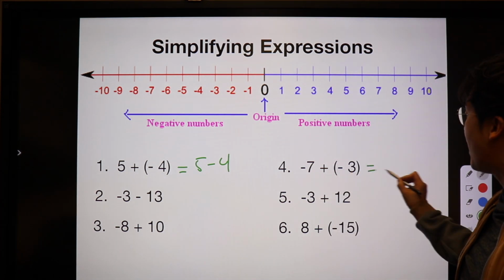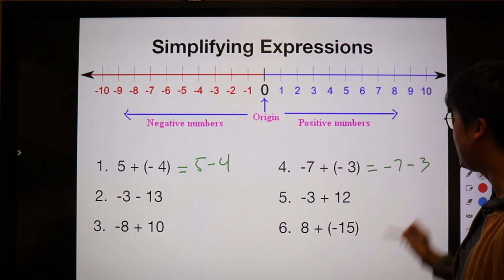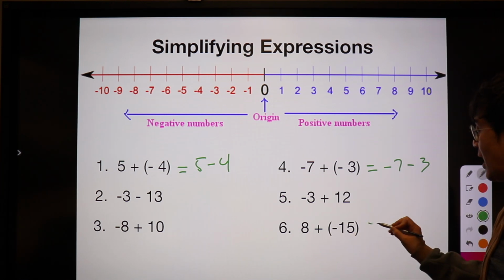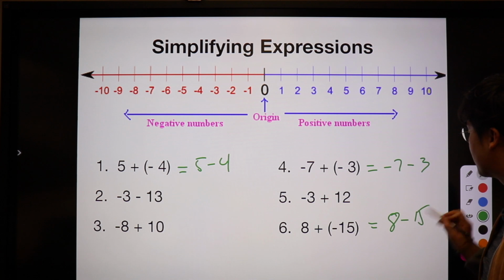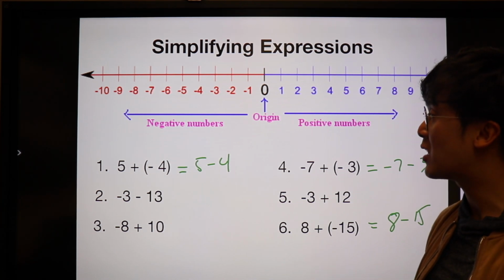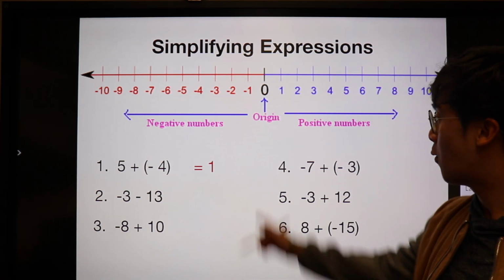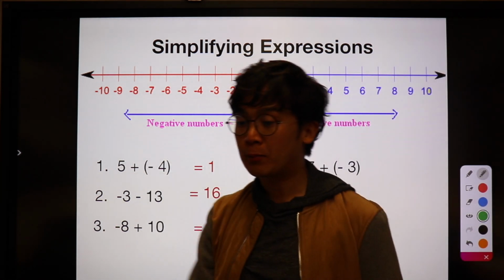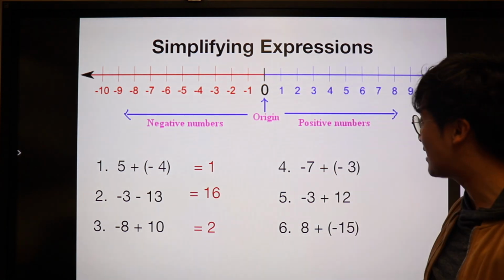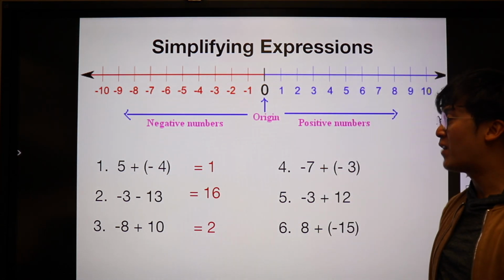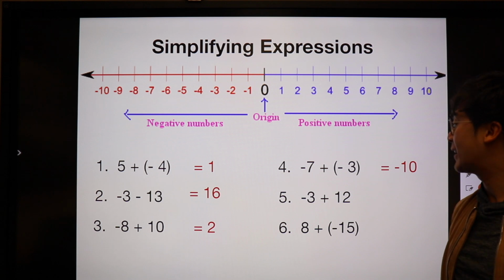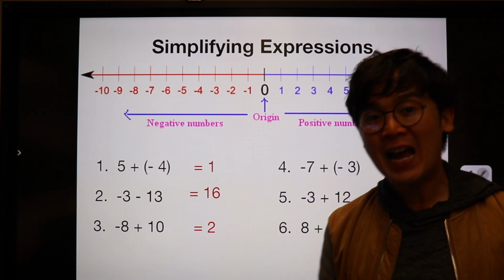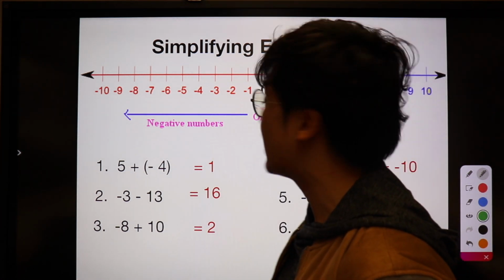This one will be simplified into negative 7 minus 3. This one is going to be a positive answer. And this one will be simplified into 8 minus 15. Answering these problems using the number line will give us 1, 16, and 2 for the first 3 problems. And for the next set of integers, simplifying and solving it will give you negative 10, positive 9, and negative 7. And that is how we work out problems involving integers.